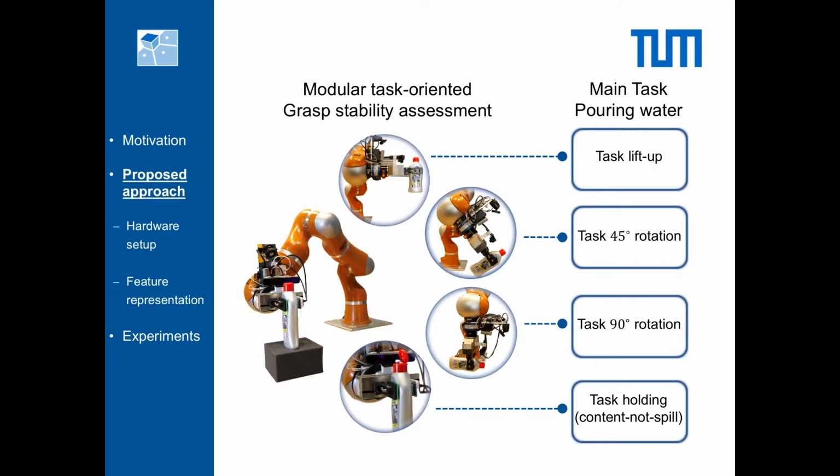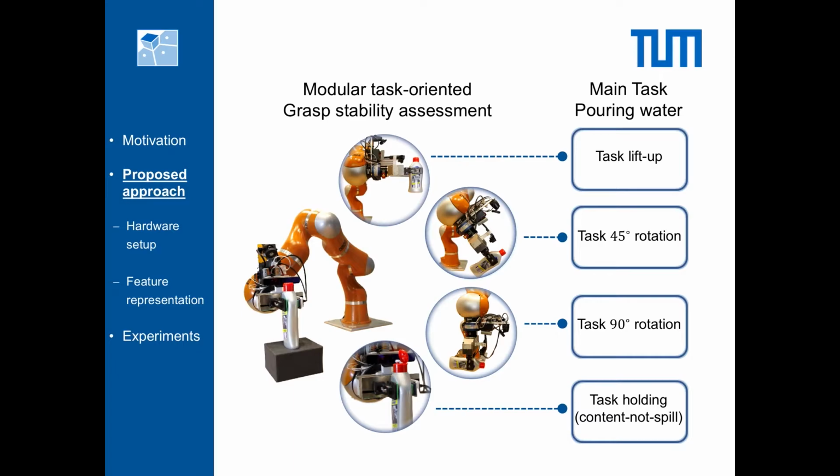To predict the success rate of a task execution, we use a decision forest as classifier, which is trained for each modular task independently. In the testing phase, the predictor of the main manipulation task assesses the stability of all relevant modular tasks. If one modular task is predicted to be unstable, the main task will be considered to fail.